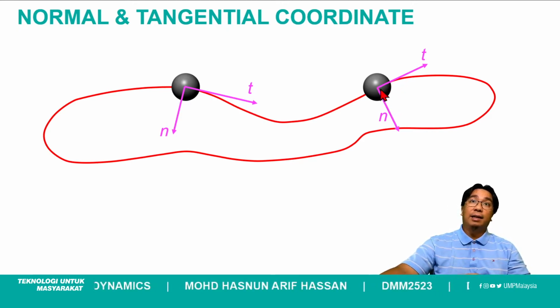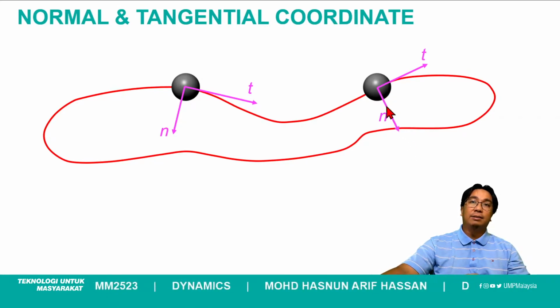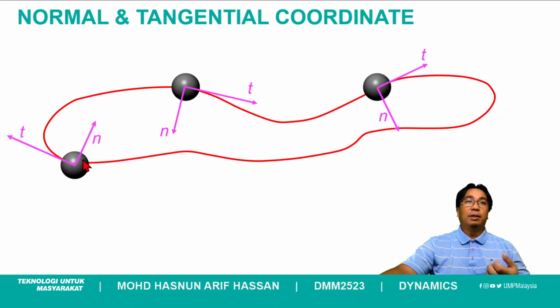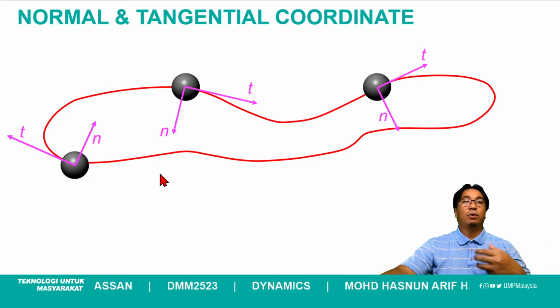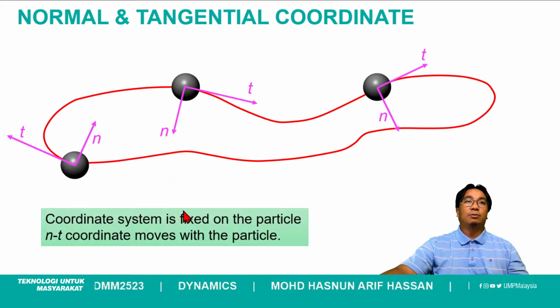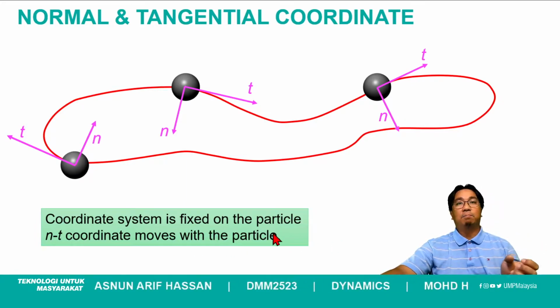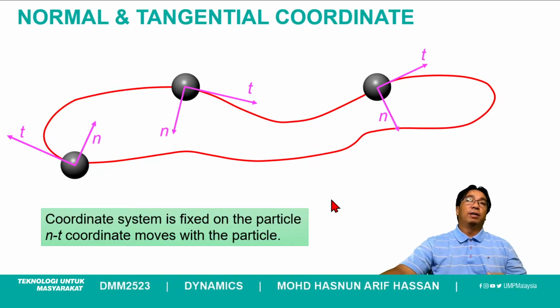So tangential axis at this moment now becomes tangent to this path, and then 90 degrees to the tangential axis is the normal axis pointing to the center of the arc. And then apabila dia bergerak lagi, the tangential axis will change as well as the normal axis. So the normal and tangential coordinate system is fixed on the particle. So as the particle moves, the coordinate will move as well.